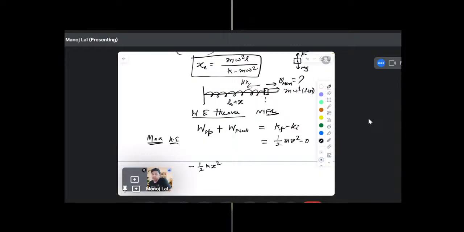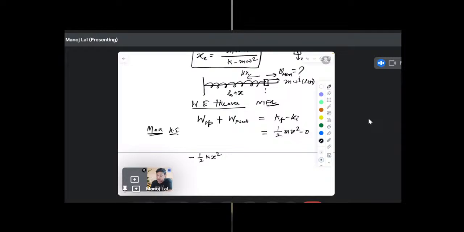And students, sometimes, if I ask what is the work done by spring force, they say half kx square. Should not commit this mistake. In MCQ type exams, your small mistake will give you the wrong answer or no answer. So be careful. Mistakes are not allowed in MCQ type examinations. You will not get marks on steps. All right, so work done by spring force is minus half kx square.